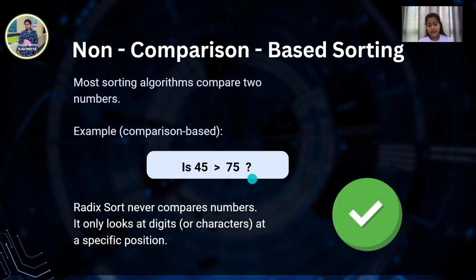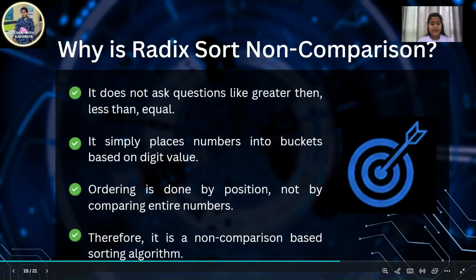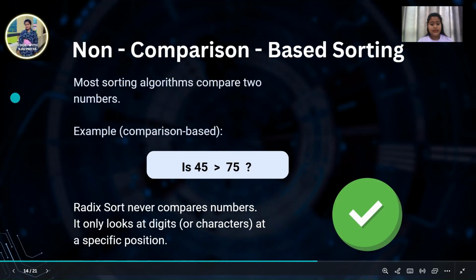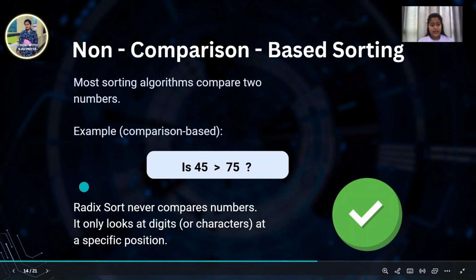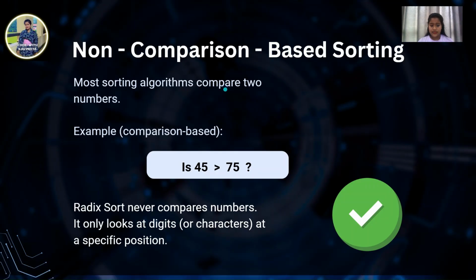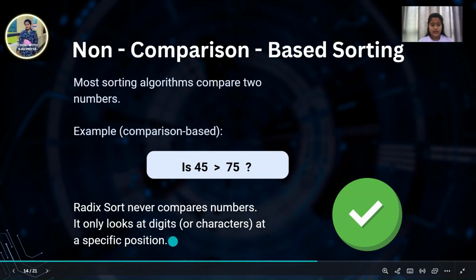You might hear people say Radix Sort is a non-comparison based algorithm. What does that mean? Most sorting algorithms like bubble sort or quicksort ask questions like, is 45 greater than 75? Radix sort never compares two full numbers. Instead, it simply places elements into digit buckets based on the position value.